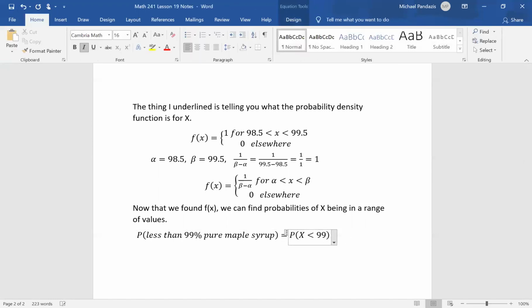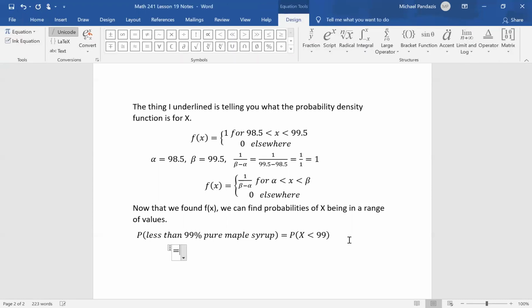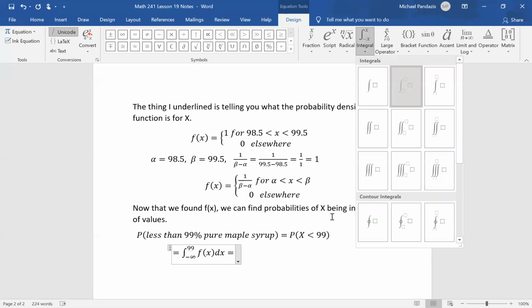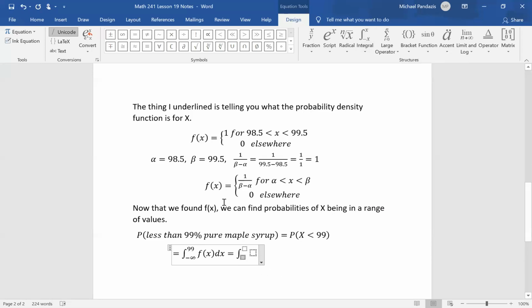is equal to that. And so then that's equal to the integral from negative infinity to 99 of our PDF f of x dx. Now f of x is only non-zero between 98.5 and 99.5, so we can start at 98.5 and go to 99.